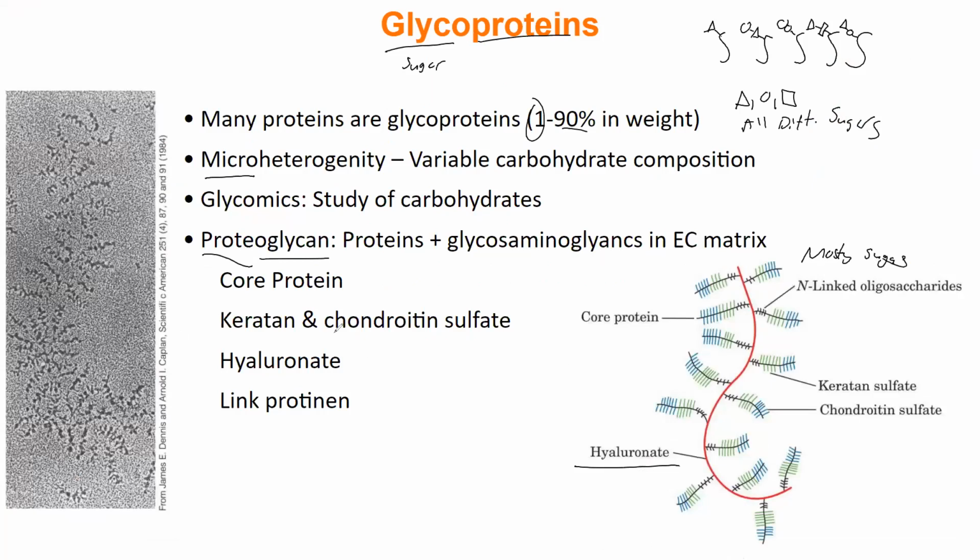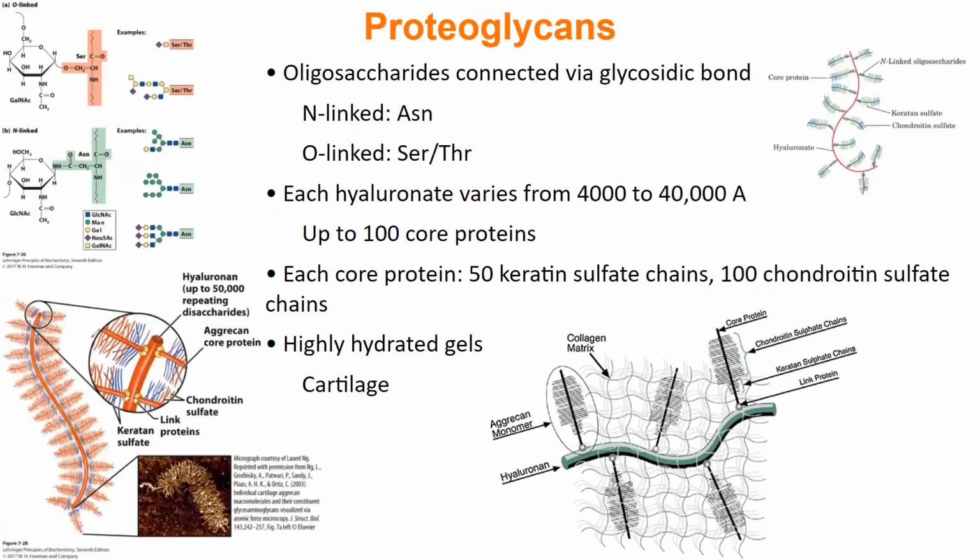So going back to our structure, the main rod here is hyaluronate, which is something we looked at on our aminoglycans. This is a sugar. You've got this big old sugar that's roughly 50,000 repeating disaccharides, or 100,000 sugar molecules. And at branch points, and this blown up image is really good, you have what's called a link protein.